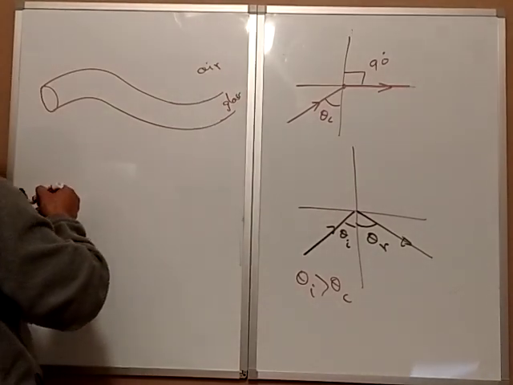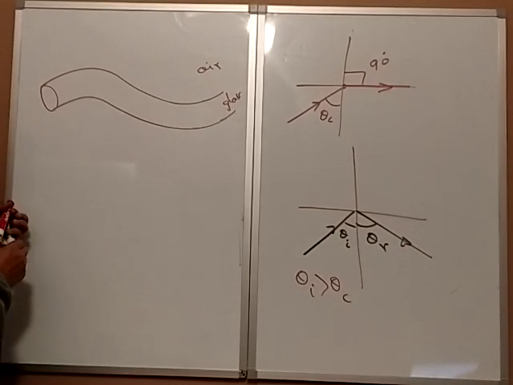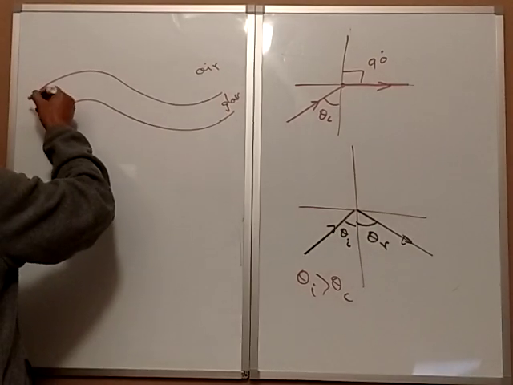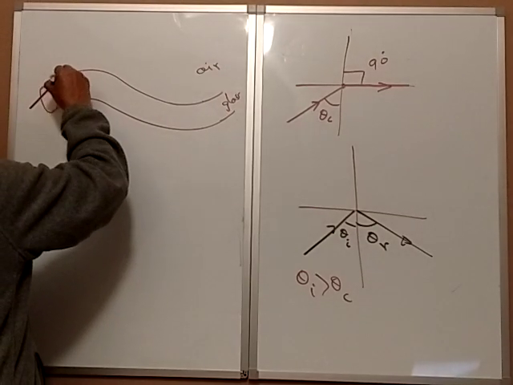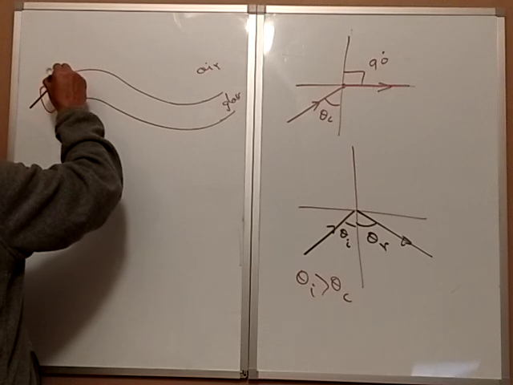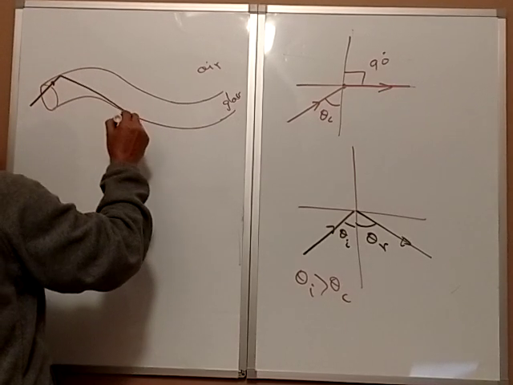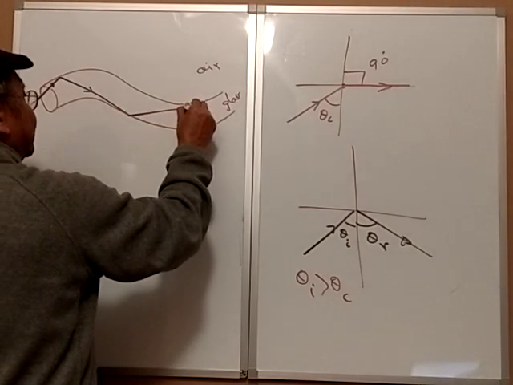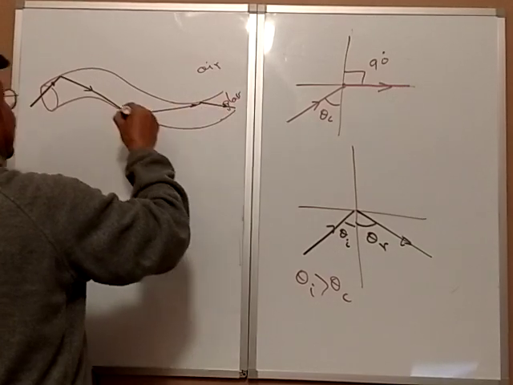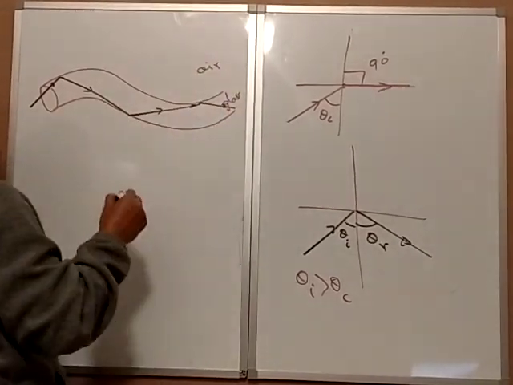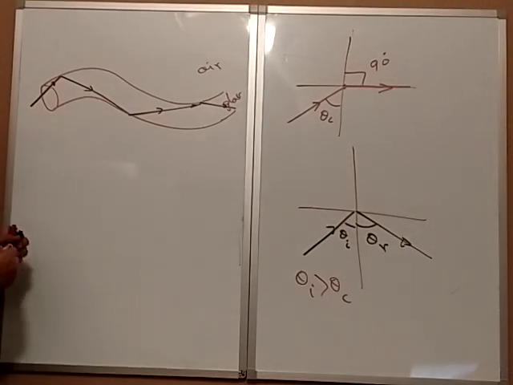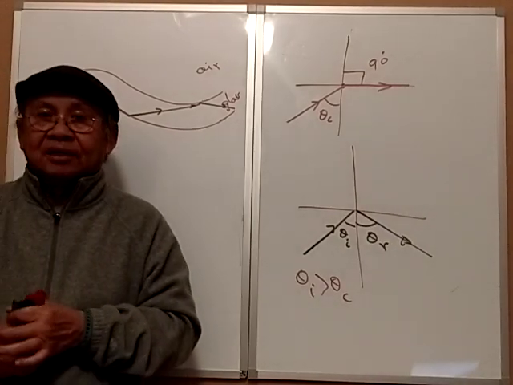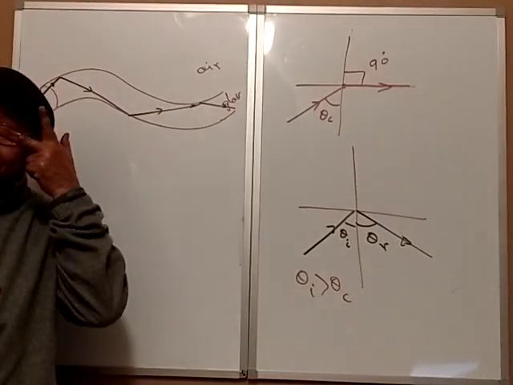So we know air has a smaller index of refraction than glass. So when a light ray comes in, it'll do total internal reflection, and it'll go like this, right? So it'll keep on going like this, and that's how you guide the light through this pipe. So there are a lot of practical uses, right?